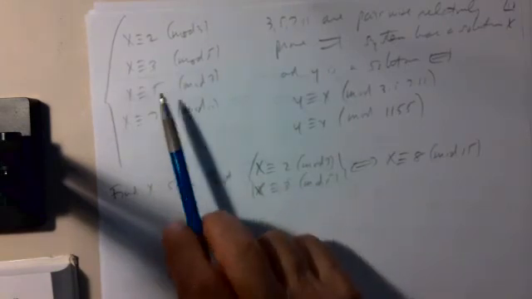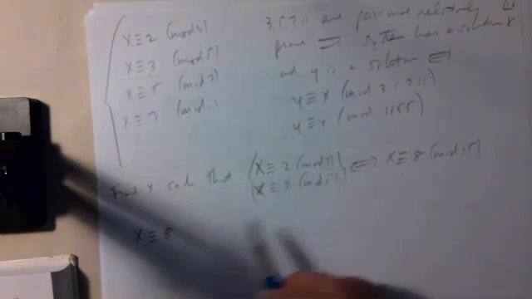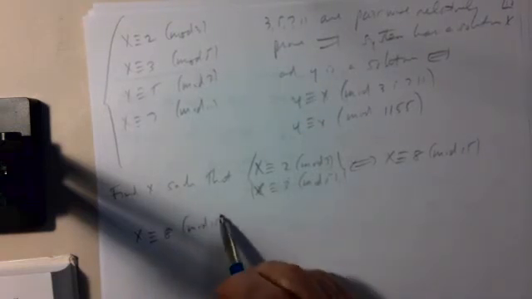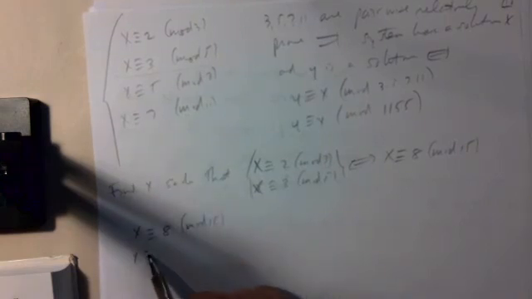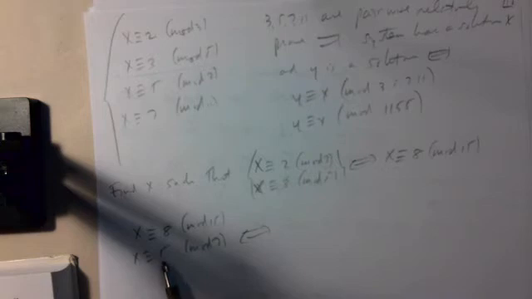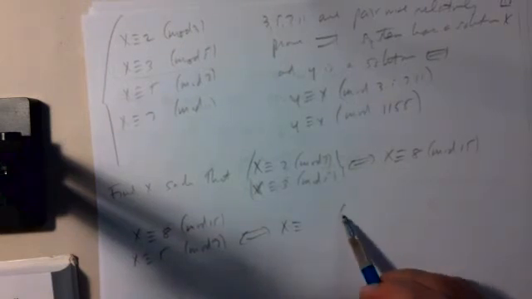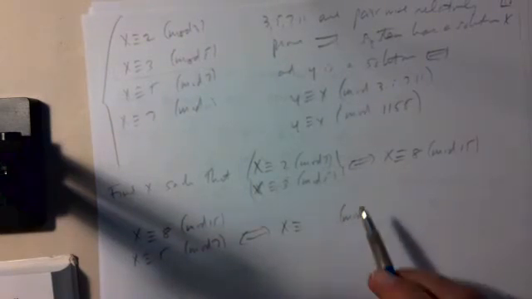Now, if we also want to solve the third, we want to find an x which is congruent to 8 mod 15 and congruent to 5 mod 7. So what's the solution of this system of congruences? Whatever it is, it will be unique modulo 15 times 7, which is 105.